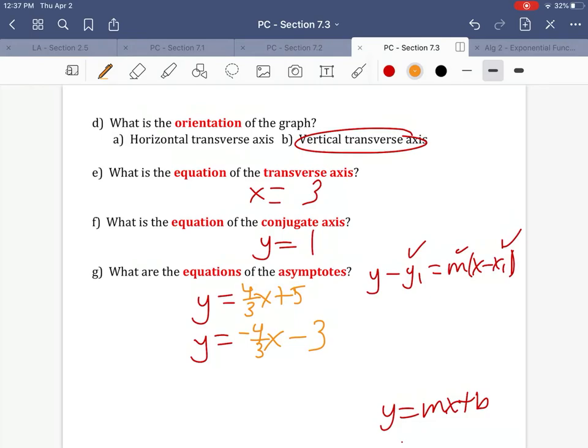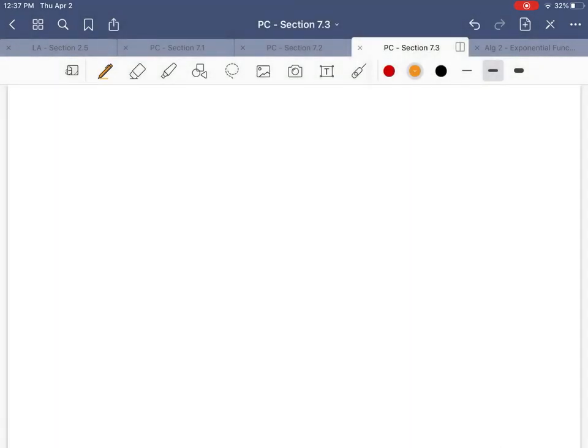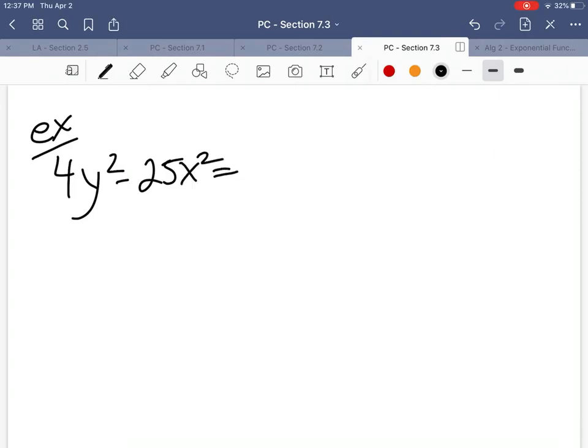All right. So just make sure you draw a good picture. All right, so these last few problems here, I'm going to quickly end up with some things like on your MathSpace, you're going to have some questions about which equations go with which functions. So let me just do a few with you. So I have 4y squared minus 25x squared equals 100.